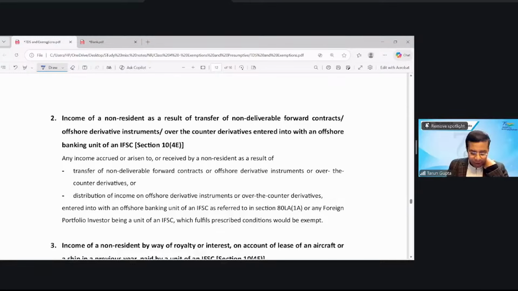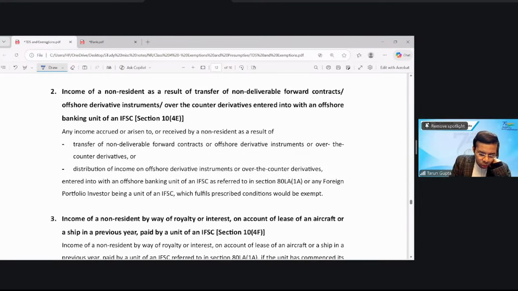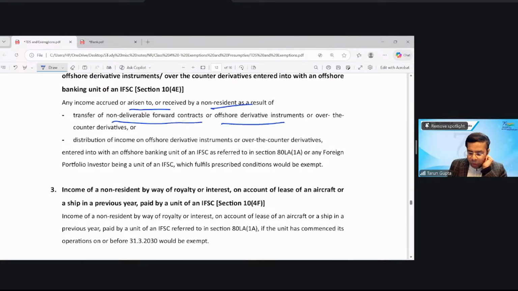Next exemption, 10(4E). Any income accrued or arisen to or received by a non-resident as a result of transfer of non-deliverable forward contract. Non-deliverable forward contract means, the forward contract is a concept of the stock exchange. There are forward and options contracts. Non-deliverable forward contracts mean you have to settle by paying the difference or receiving the difference. Or an offshore derivative instrument or over-the-counter derivative. Over-the-counter derivative means it's not traded on the stock exchange.